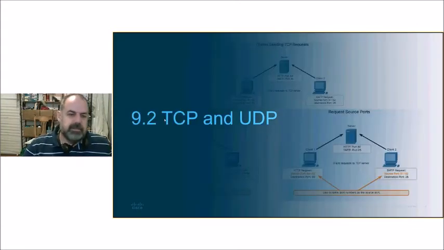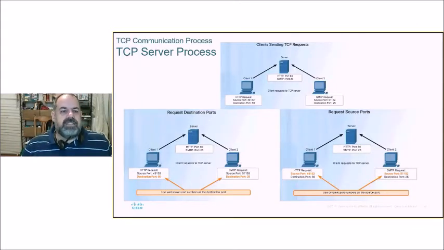Now, TCP server processes, and we've got some examples going here. We've got a scenario: we have a web server and an email server. The web server listens on port 80, that's the well-known port for the web server. Email is port 25.